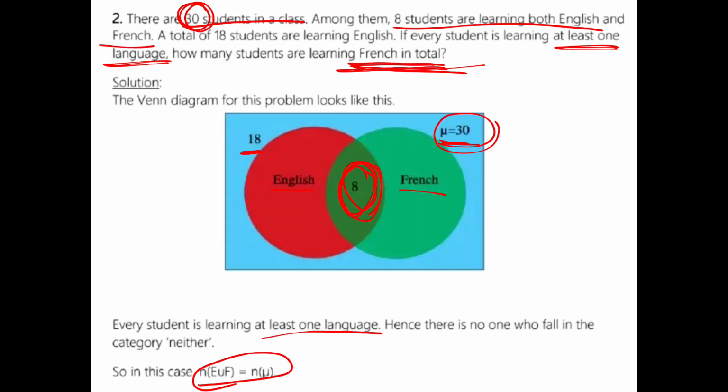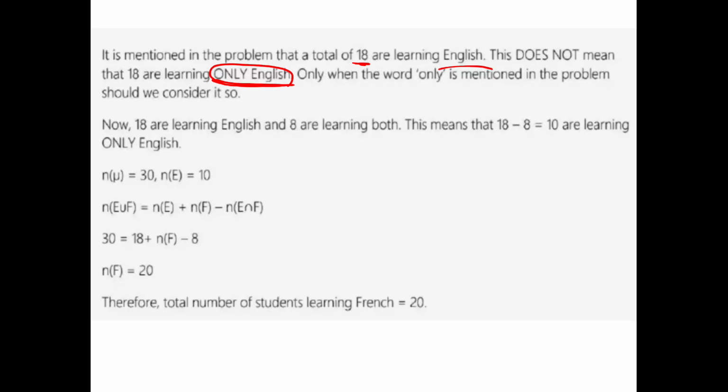The problem says they are learning English, so they may be learning English and also French. If it said only 18 are learning English, then we would not place it that way. However, since it says 18 students are learning English, that is the value. Only when the word only is mentioned in the problem should we consider it.